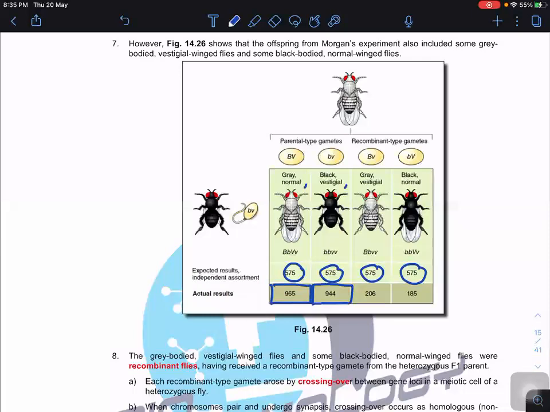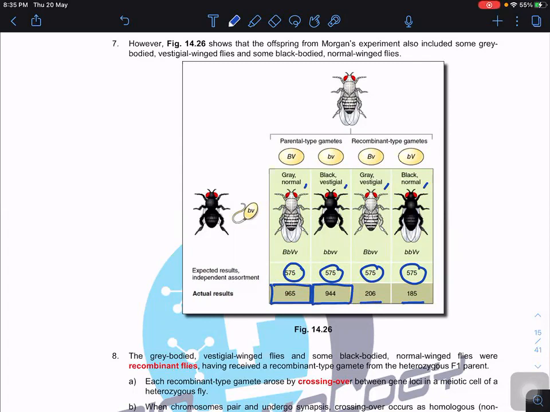And then gray vestigial or gray short wing and black normal wing are in a small number. Can I say that? So this ratio is no longer clear cut. It's no longer 1 to 1 to 1 to 1. So it means something is wrong there. Something is wrong. Why?